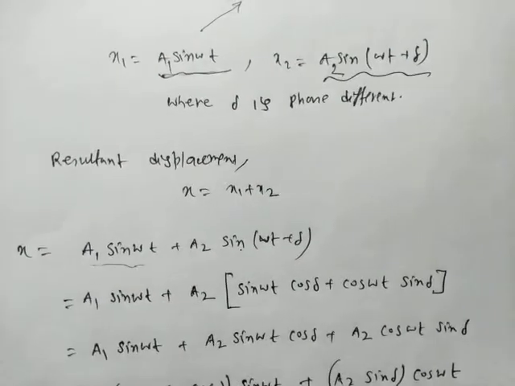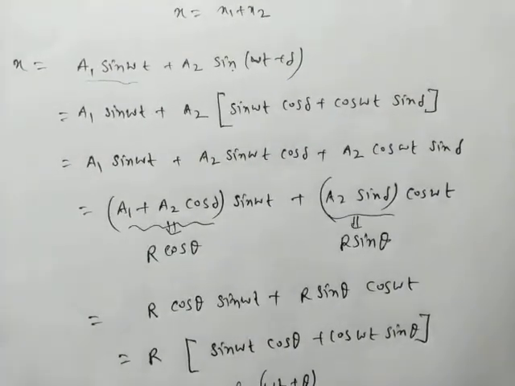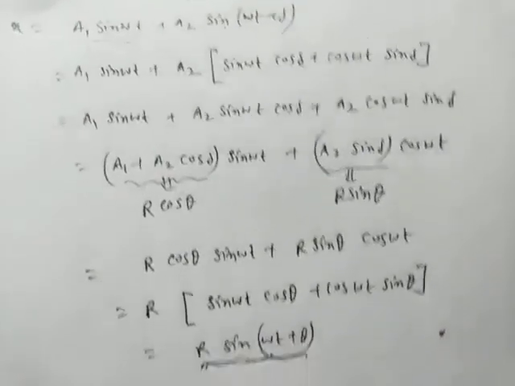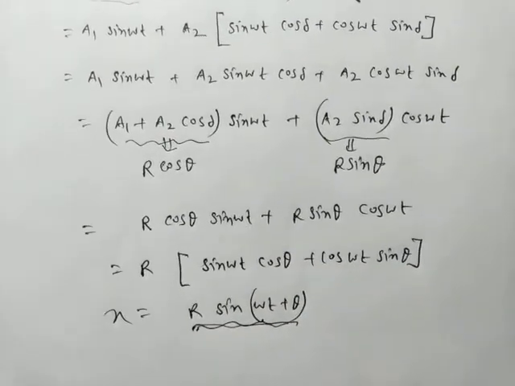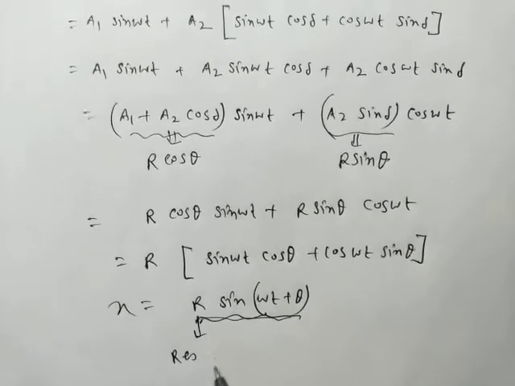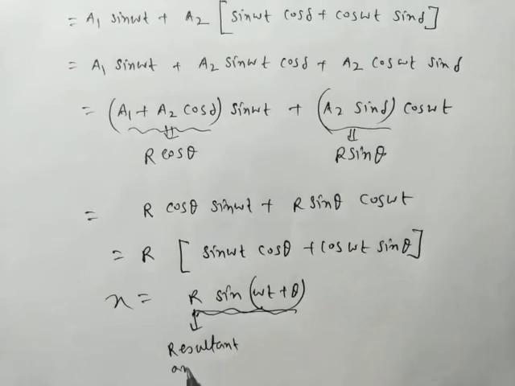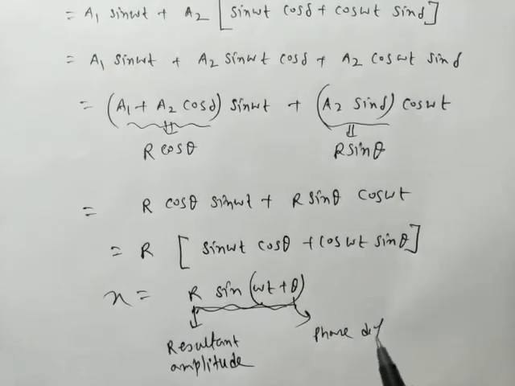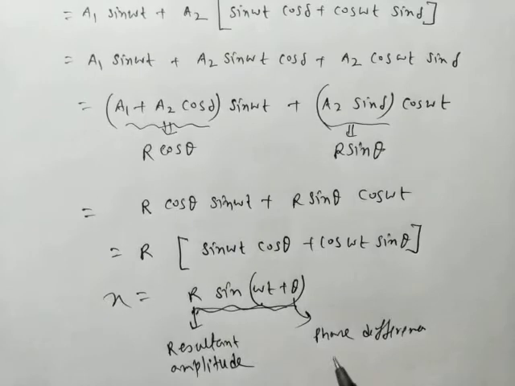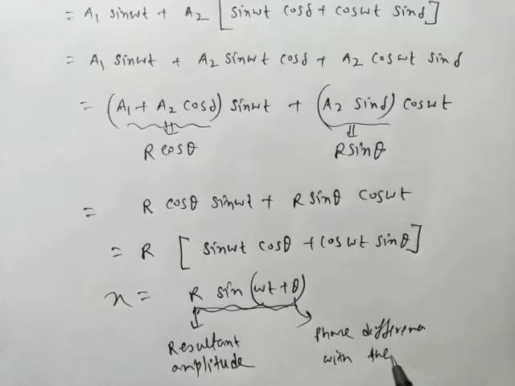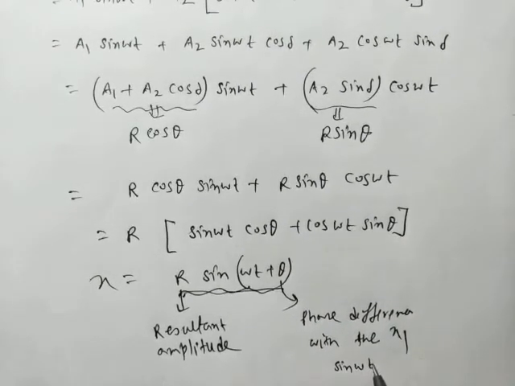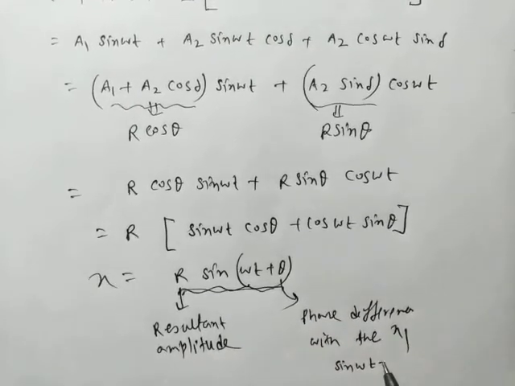So we can see from this calculation that the resultant displacement of the particle executing SHM due to two restoring forces is this, where r is the resultant amplitude and theta is the phase difference with the first displacement x1, because x1 was only sin omega t and here x is sin(omega t plus theta).